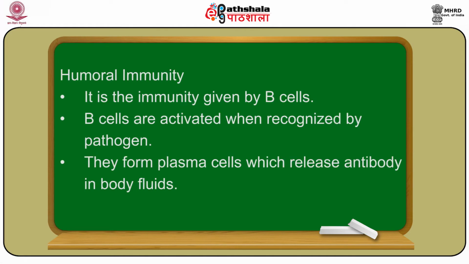Humoral immunity is the immunity given by B cells. B cells are activated when they recognize the pathogen. They clonally proliferate and form terminal effector cells called plasma cells, which release antibody in body fluids.